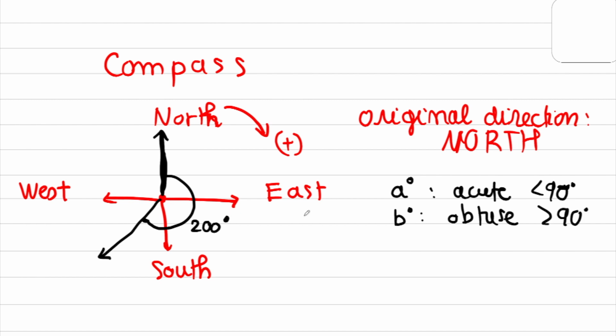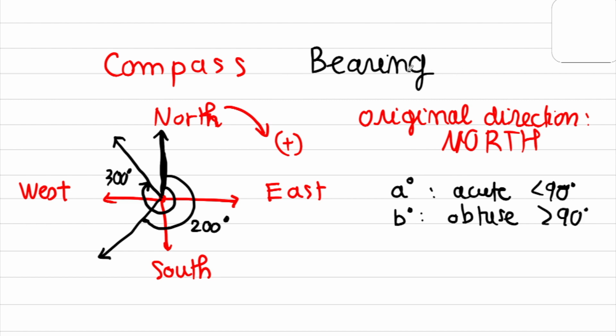This is 200 degrees. And how about making more angle? You will get this one, made from the original by this one, and here you get the new direction, and for this direction it has to be 300 degrees. So the angle made from the original direction north, we call that bearing.